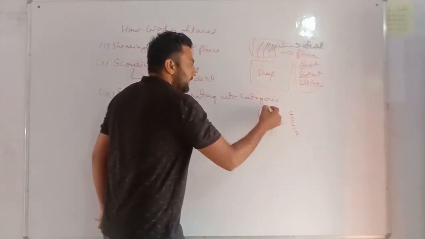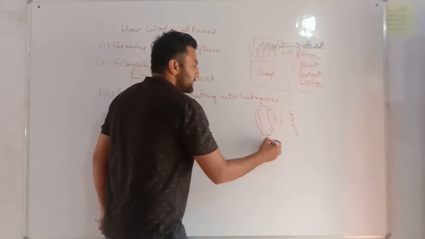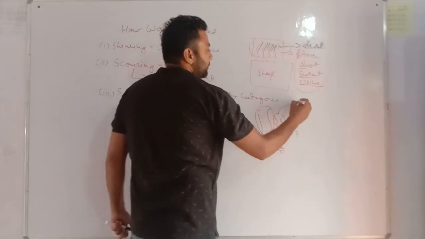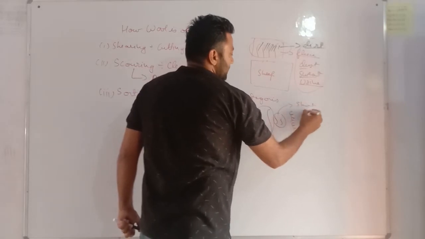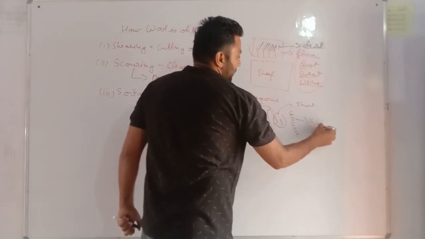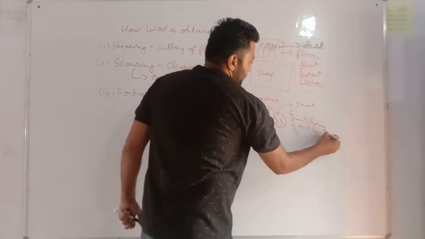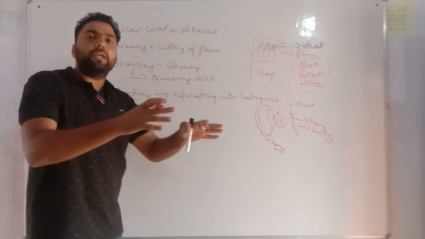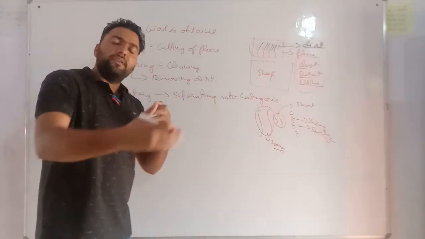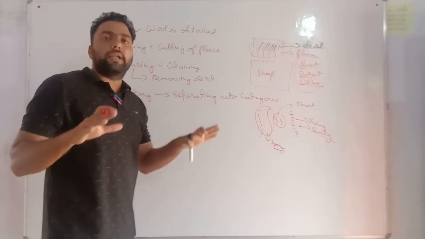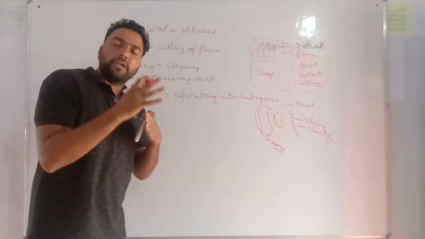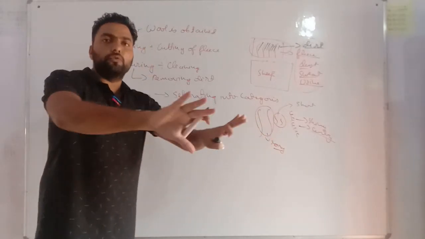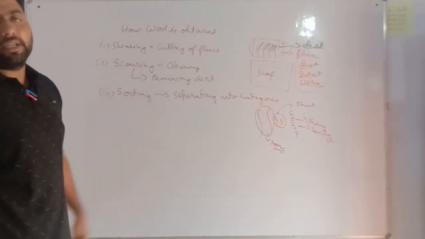What I will do is separate out the long threads. I will keep these short hairs in another group. I will separate shiny or curly hairs. So basically, sorting is to separate them into categories. Because when we get the wool, we get all the varieties: different colors, different lengths, different shininess. All of them are separated into groups and that is known as sorting.